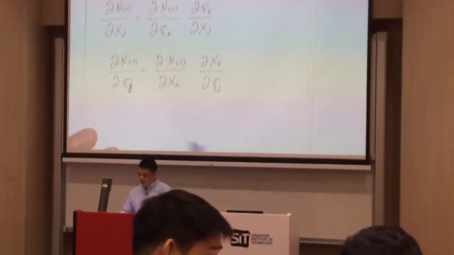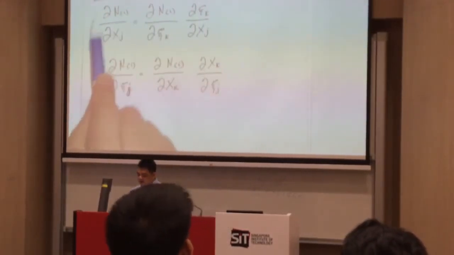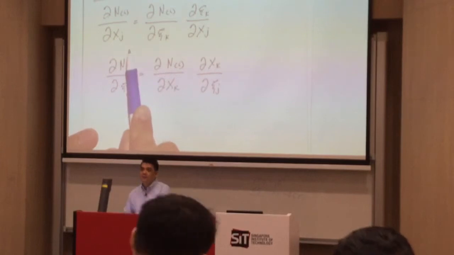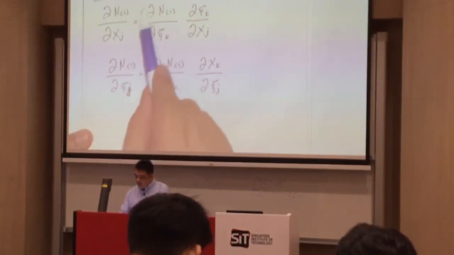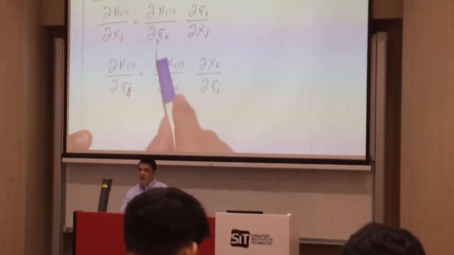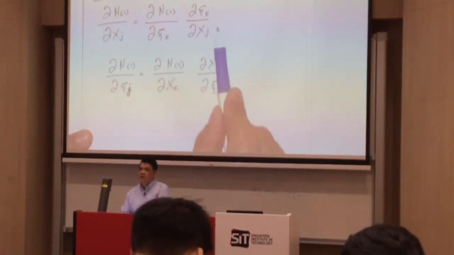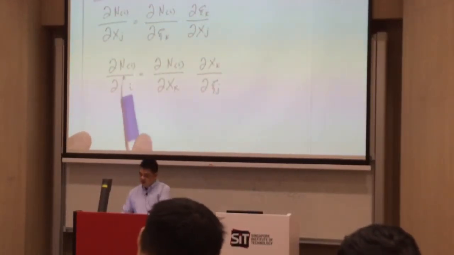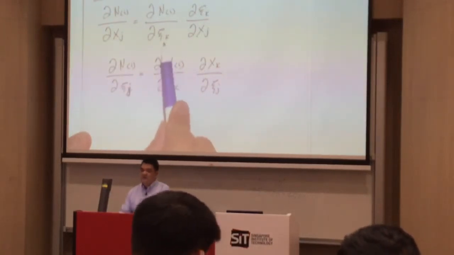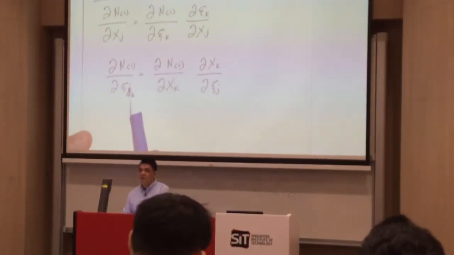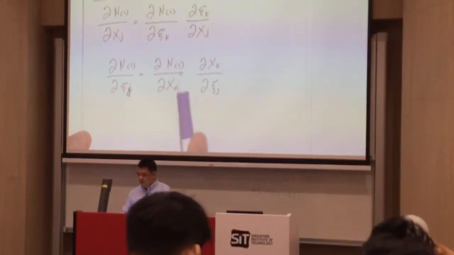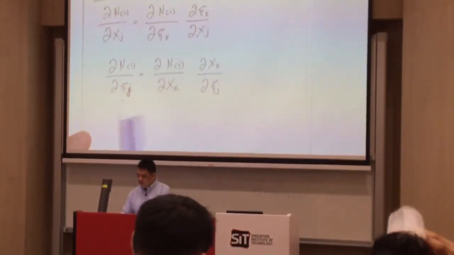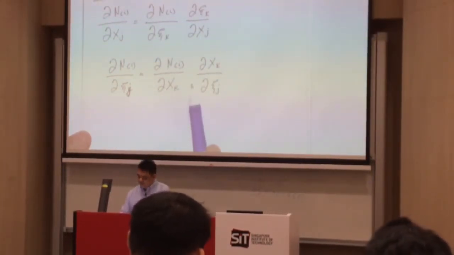So here you have this initial chain rule, but I wanted to determine this one here, so I just bring this one to the other side. So I have now the partial of Ni, and instead of using k, I just wanted to use j. So just be consistent with your subscript.